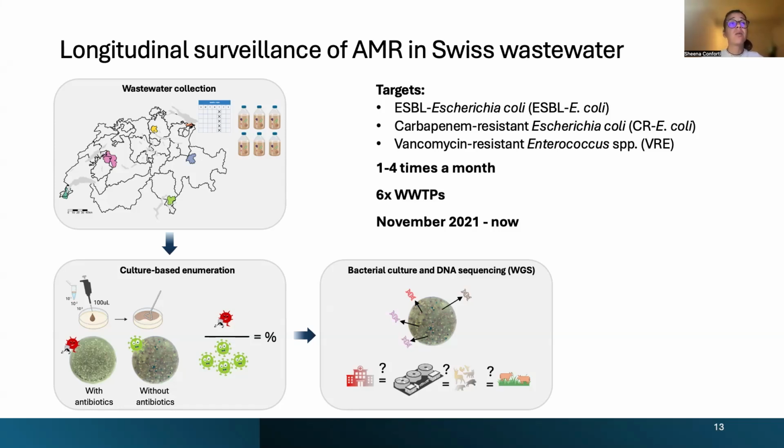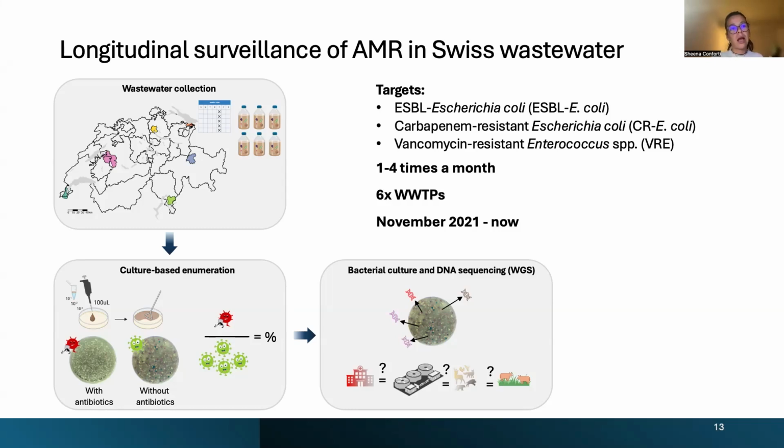So what we did was to collect wastewater and to perform culture-based enumeration. So we are enumerating the bacteria themselves and not the resistance genes. So we spread some wastewater on these agar plates, as you can see on the bottom left. And for each time point and location and for each target, we have two different plates, one with antibiotic and one without antibiotic.